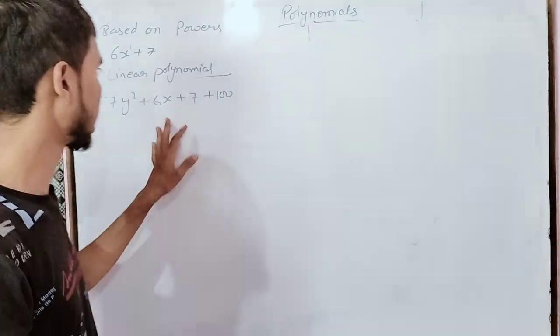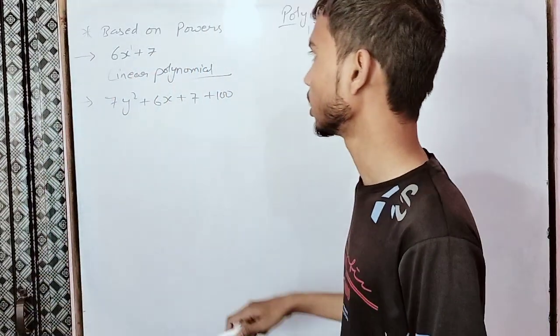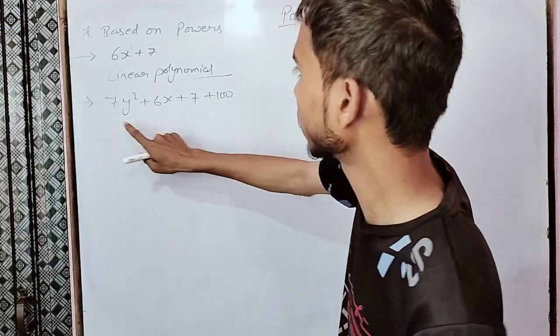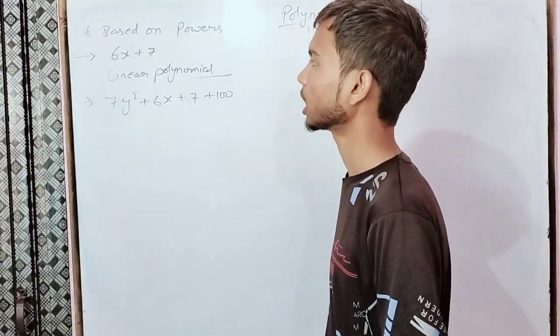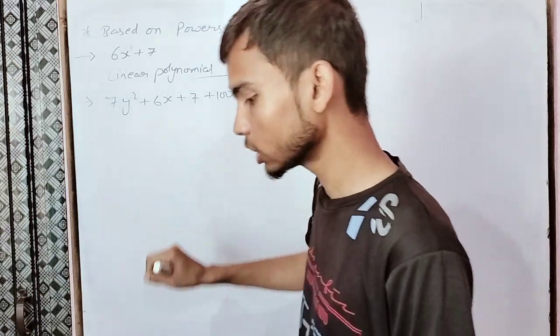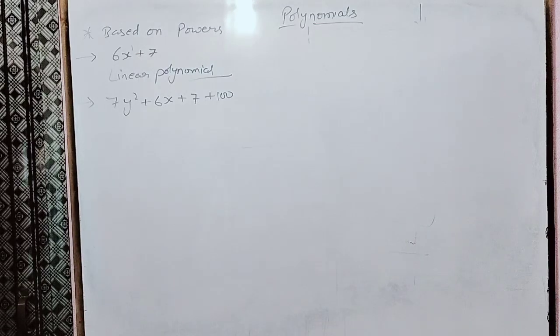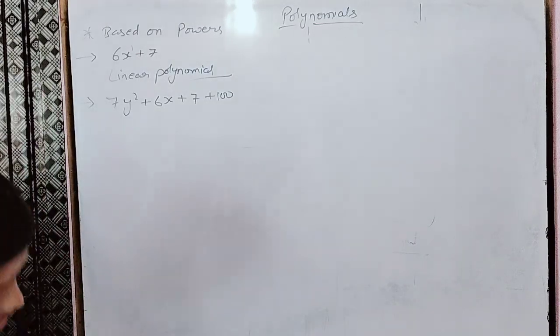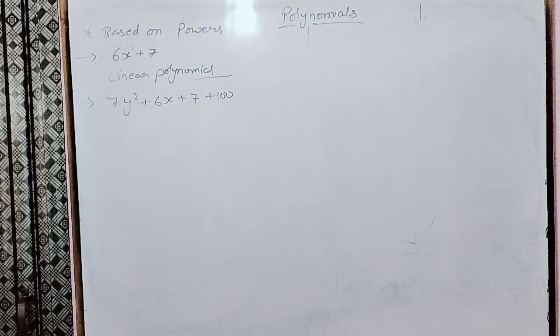We can simplify it further, but we are understanding types of polynomial. Here the highest exponent is 2.